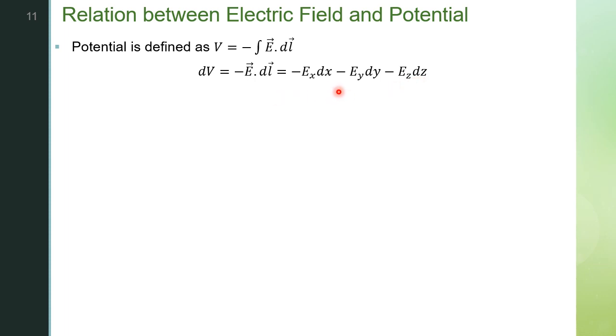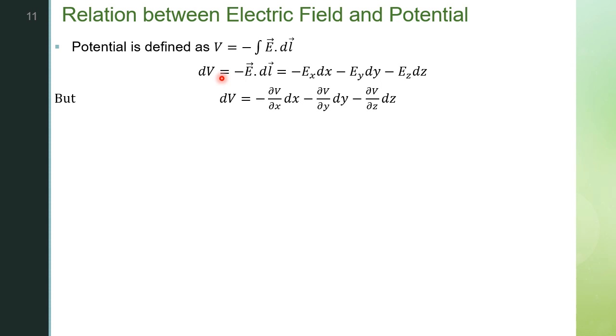Now, this differential potential can also be expressed as minus dou V by dou x into dx, minus dou V by dou y into dy, minus dou V by dou z into dz. That is, we are taking the potential as a function of x, y and z. The net effect from x, y, z can be combined to get the total differential potential.